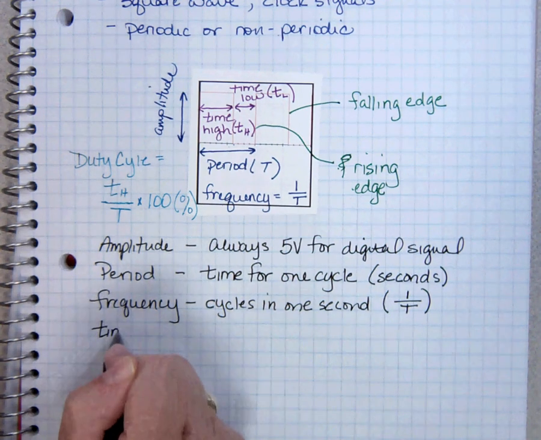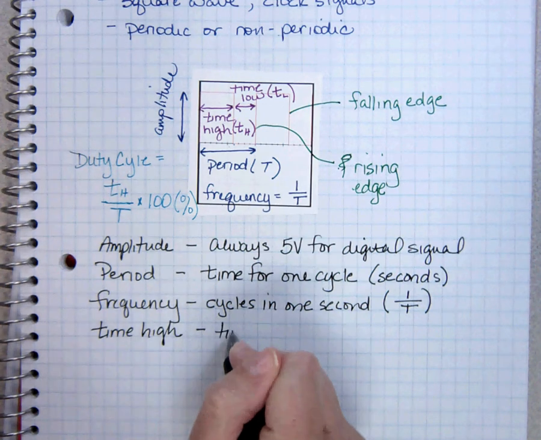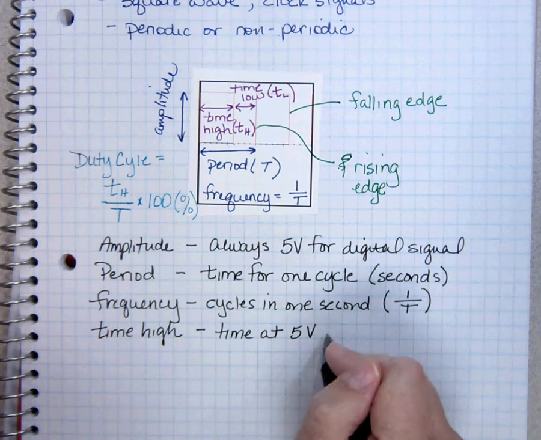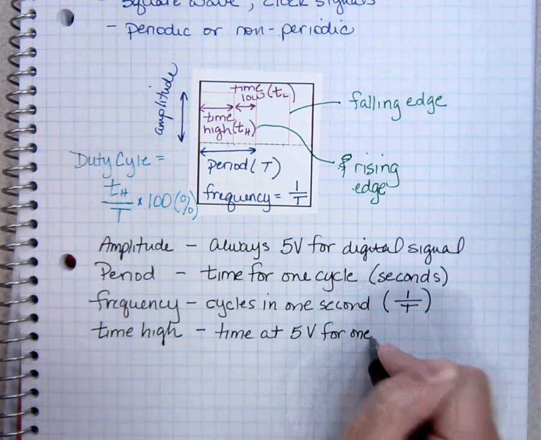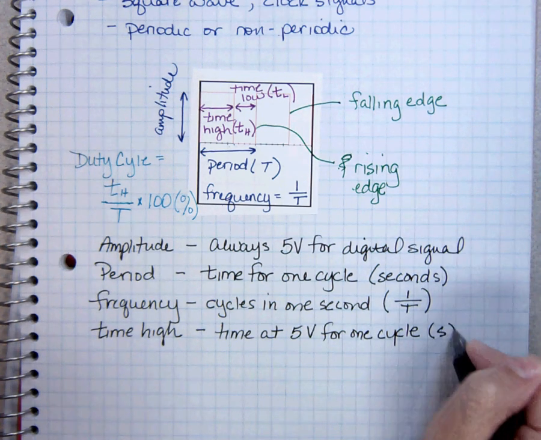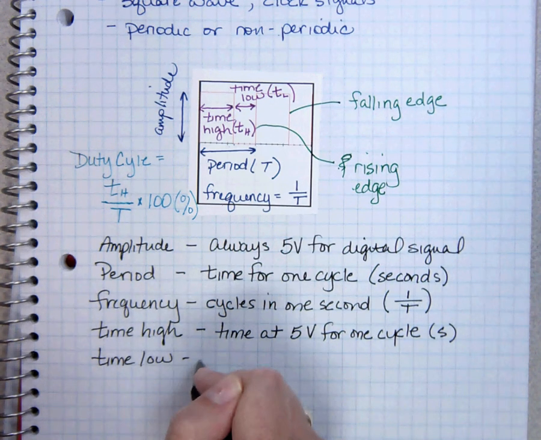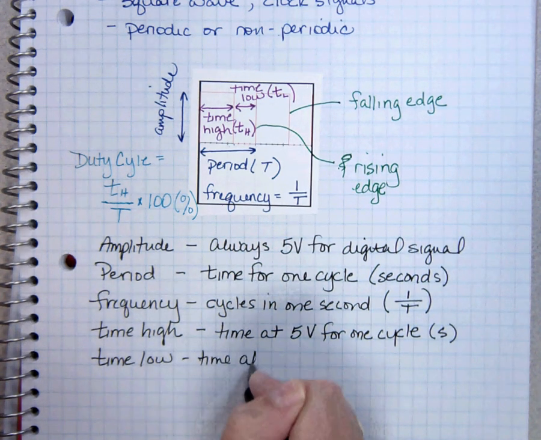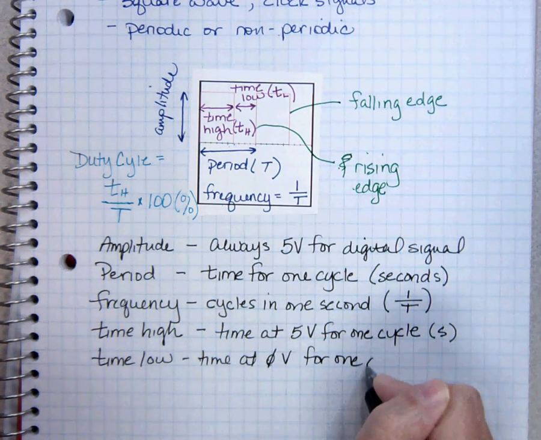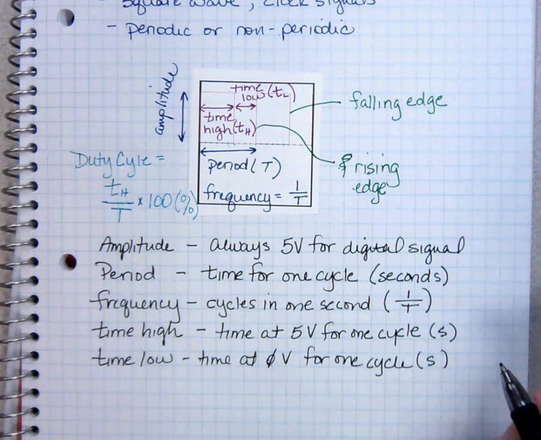Time high is just the time at 5 volts for 1 cycle. Measured in seconds. Time low is the time at 0 volts for 1 cycle. Also measured in seconds. Duty cycle.